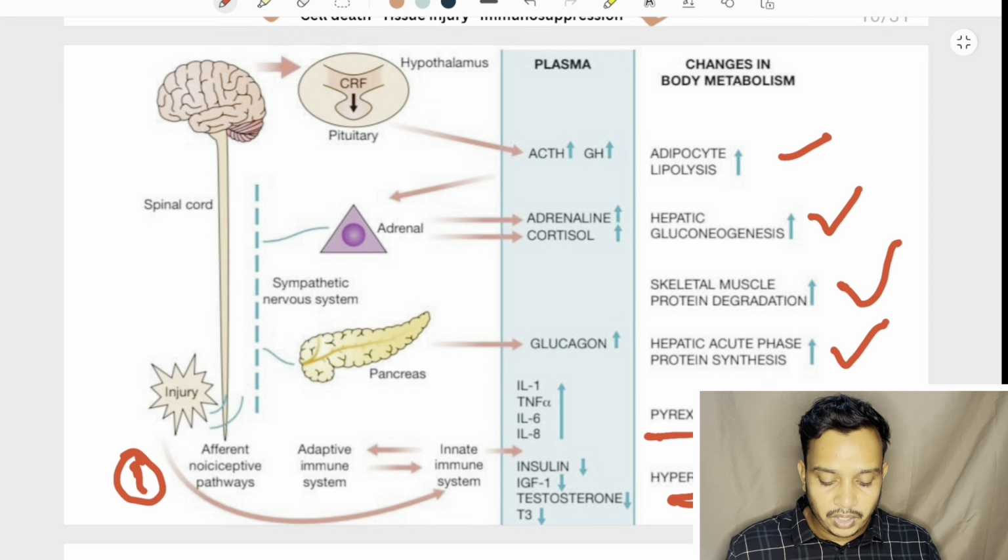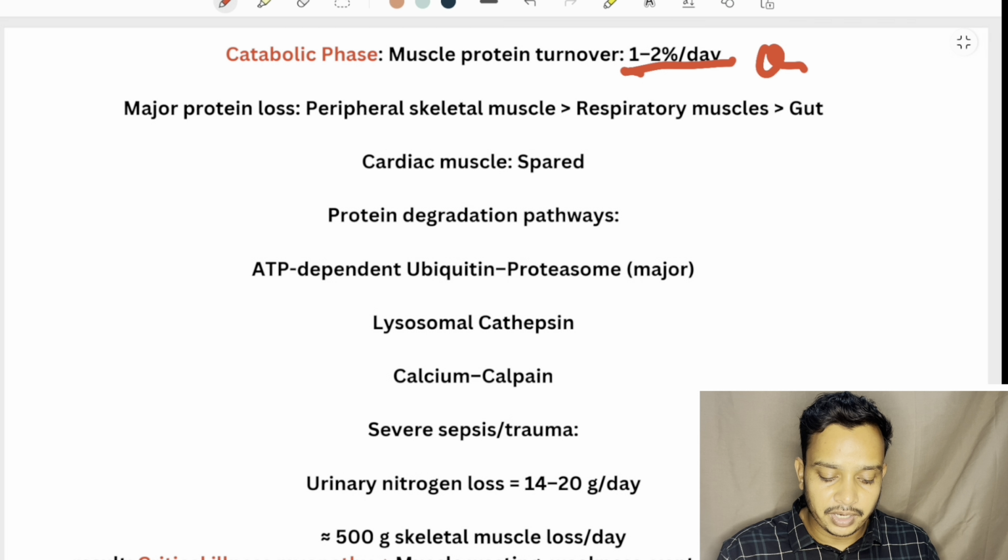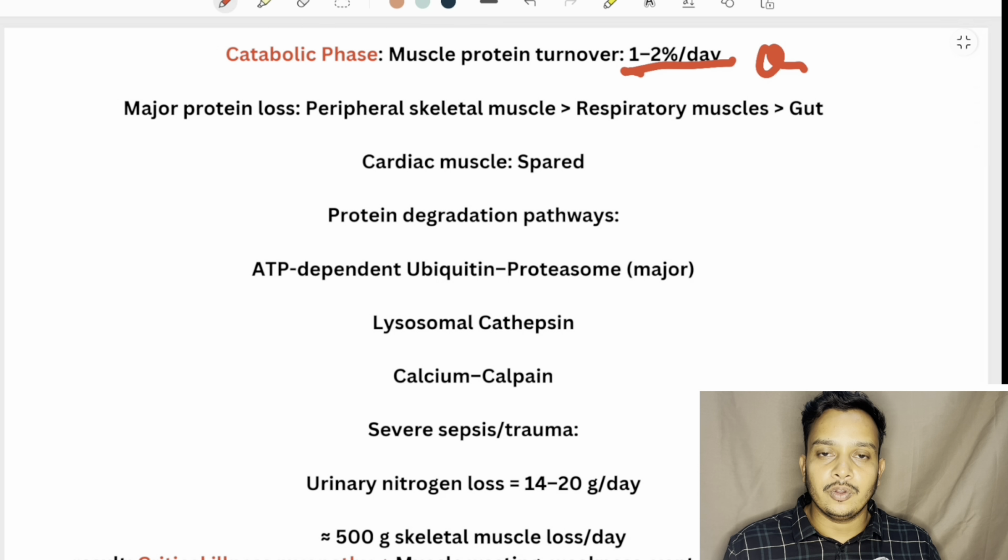Normally the muscle protein turnover rate in a normal individual is 1 to 2% per day. But whenever there is any kind of major injury or major trauma, this muscle protein turnover rate will increase, and lots of protein is needed in the patient for wound healing and repair. So from where will these proteins be derived?